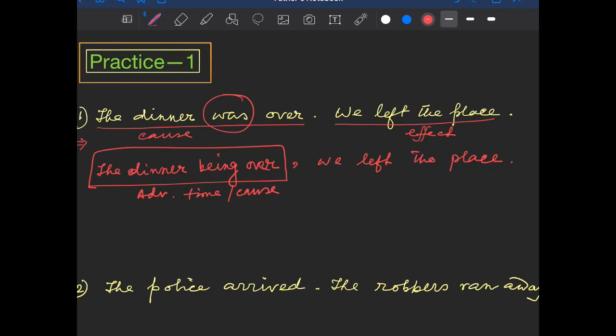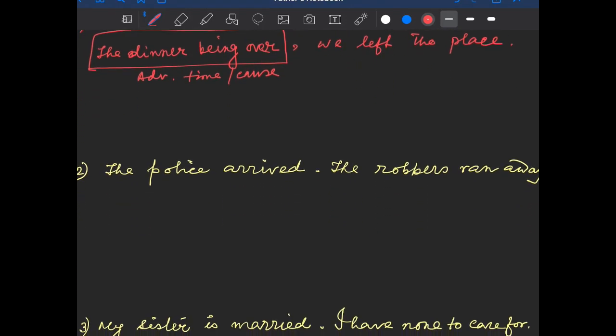Done. Next one, the police arrived, the robbers ran away. This is the effect, so we'll keep it: the robbers ran away. And see here, this is the nominative and this is the verb.